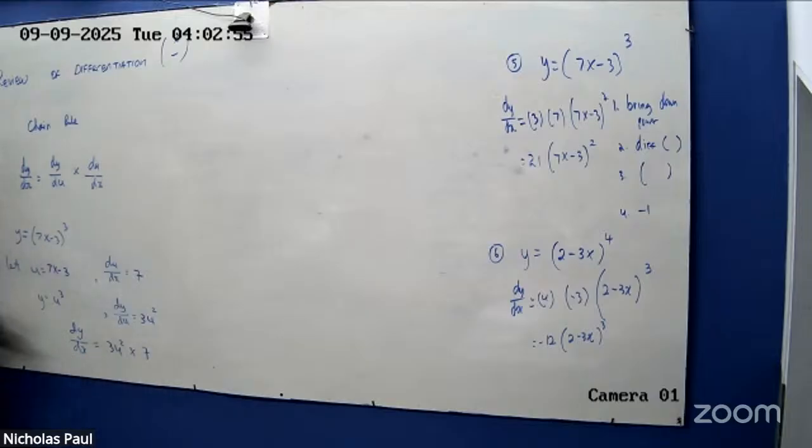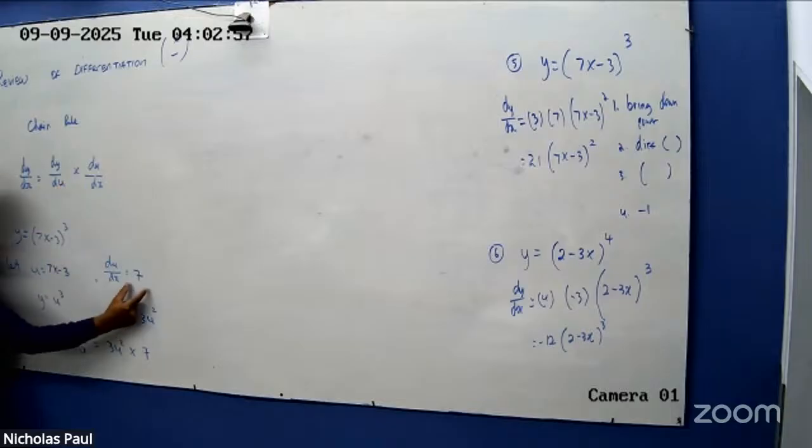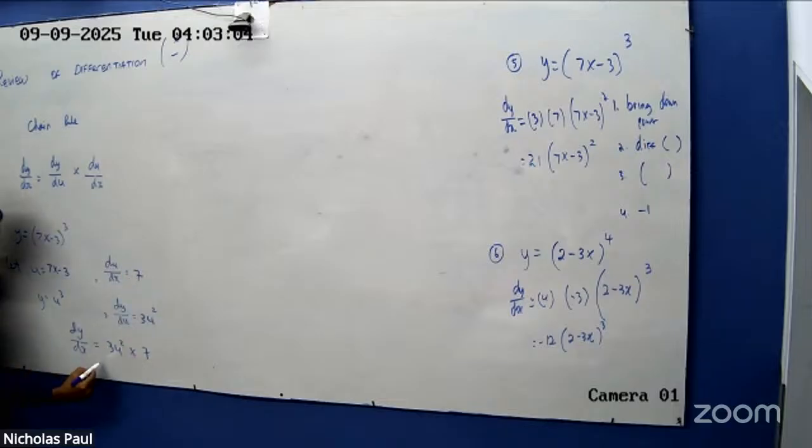I'm multiplying the two of them, and I will get 21u squared.